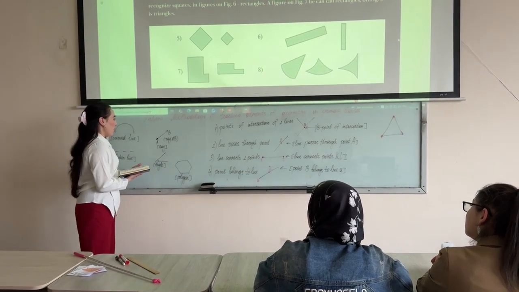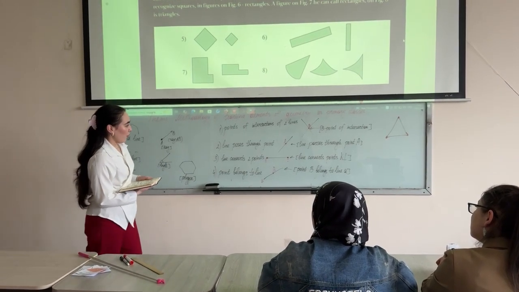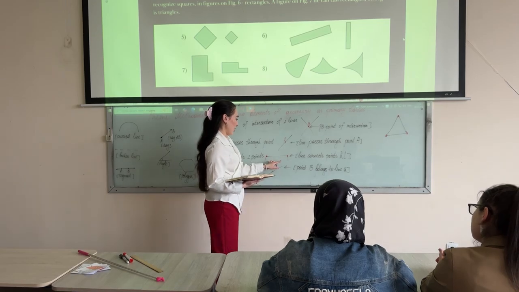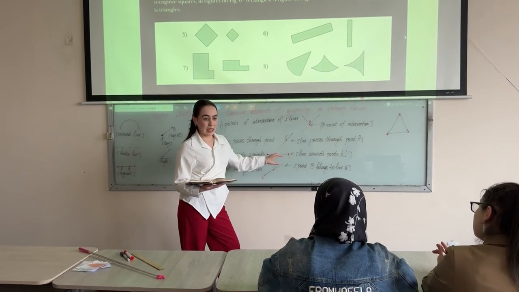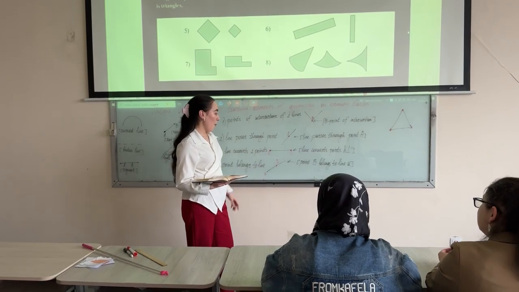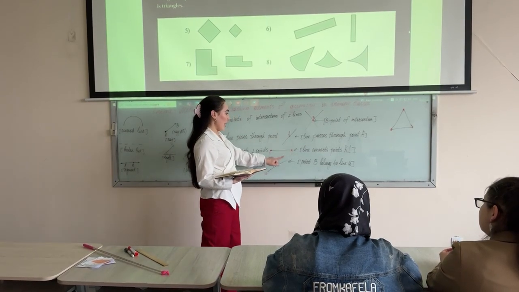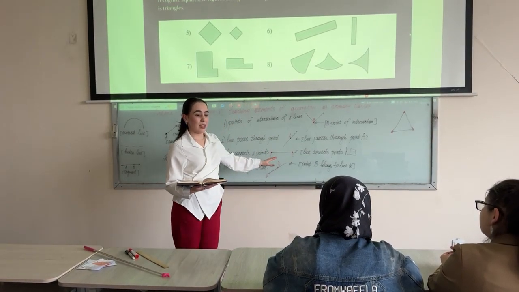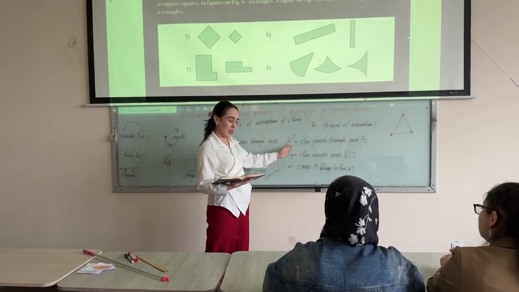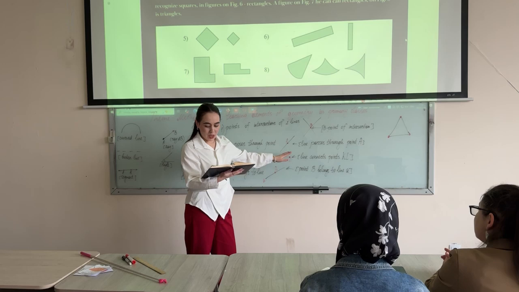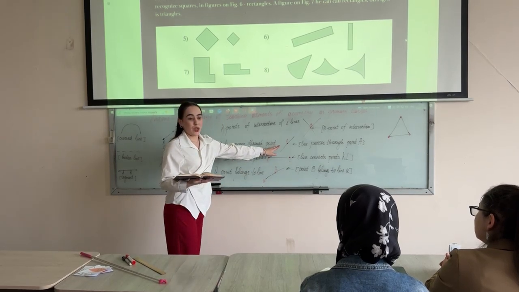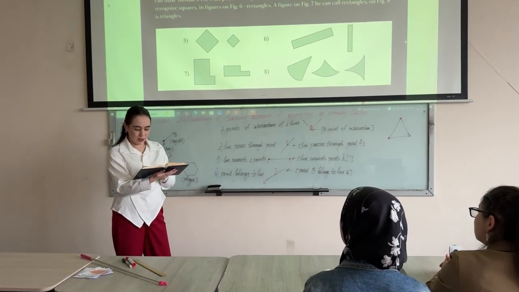For example, where can we have a straight line? Here. It's a segment, yes, because it has points at its endings. But if we look at these lines, we don't see their endings, yes? Especially here. So it's just a simple line. It is called a straight line.